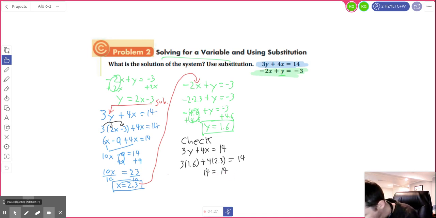Now let's check the other equation. Negative 2 times x, 2.3, plus y was 1.6, does it equal negative 3?